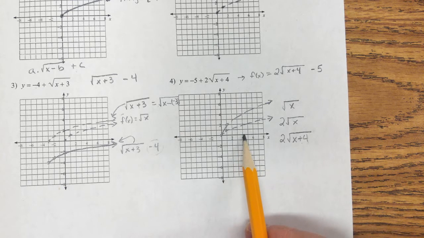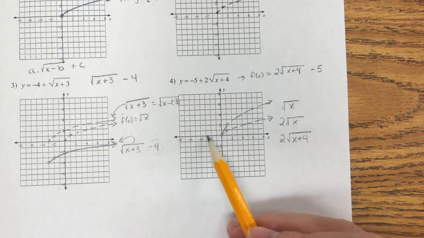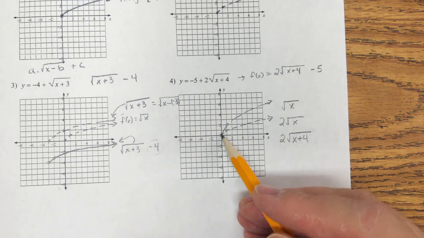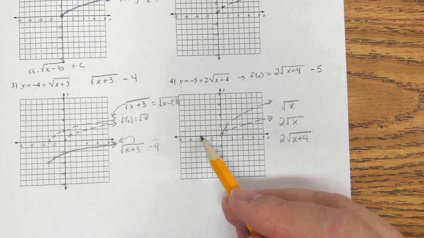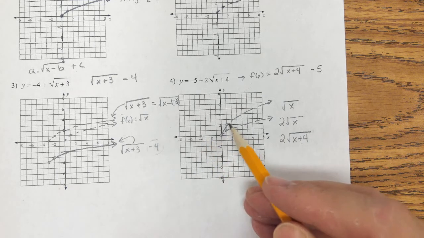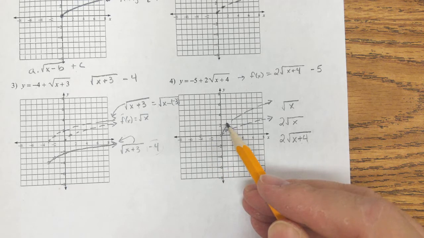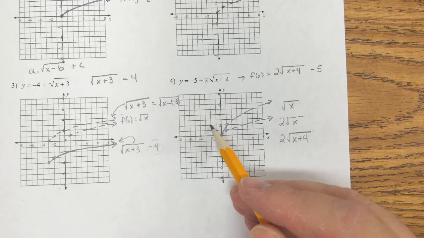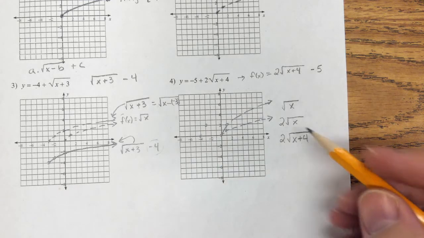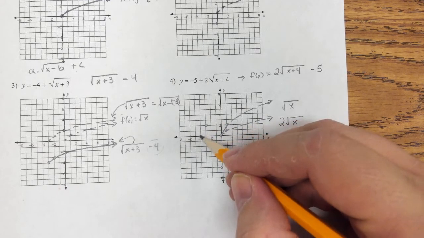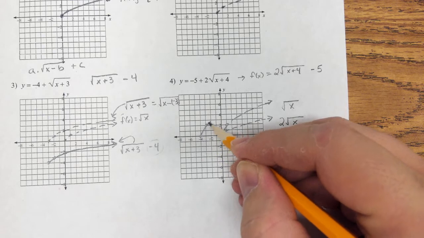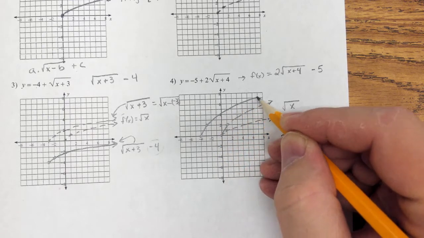Don't think that you're moving to the right. We're actually moving everything to the left 4. So 1, 2, 3, 4 is now my starting spot. This one that it's at 2. 1, 2, 3, 4. This is the next spot, and so on. So now this is going to look more like that.